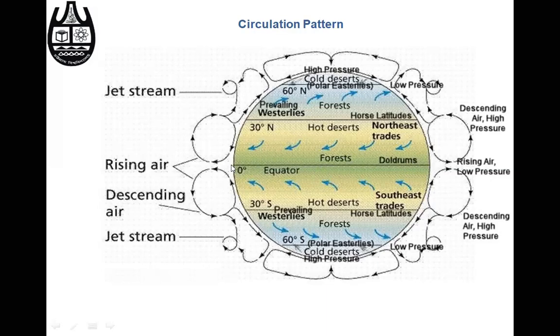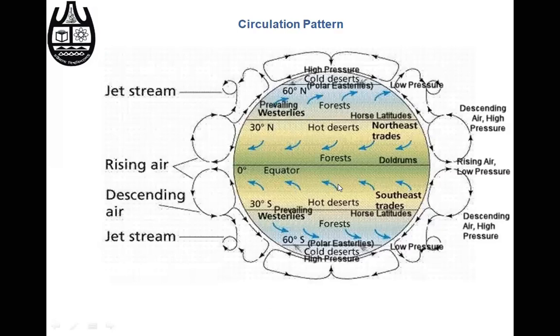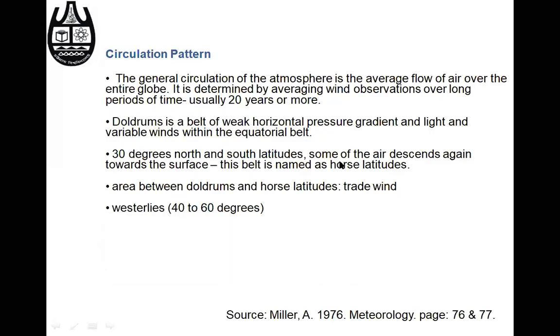Okay, so this is our equator, 0 degree latitude. By the side of this area, the wind pressure is very low. Pressure gradient means the difference of the pressure, only 5 degrees. We say this is the doldrums because the gradient is not much.